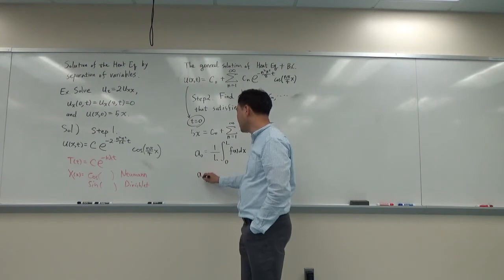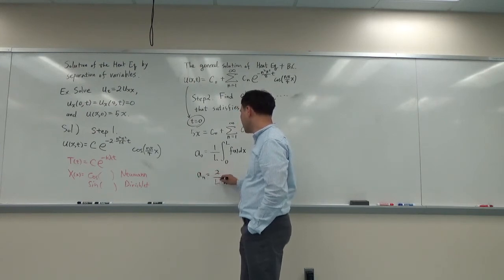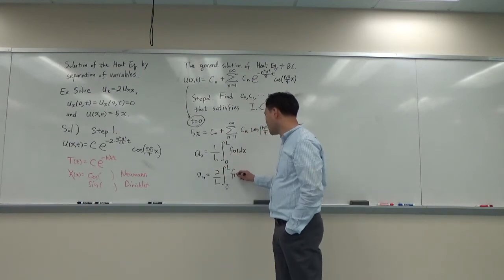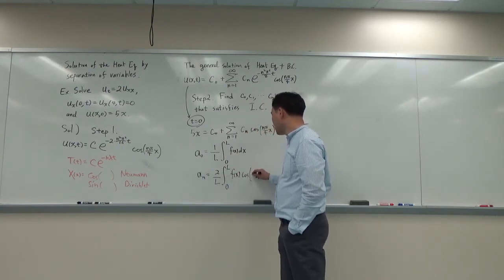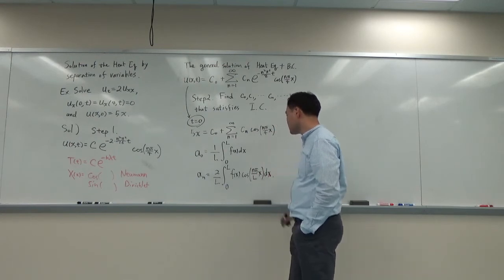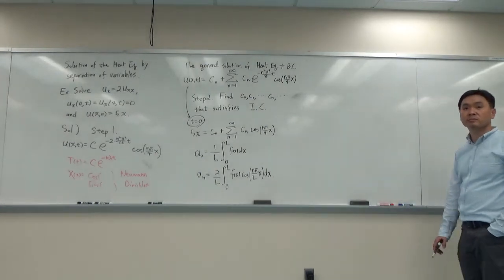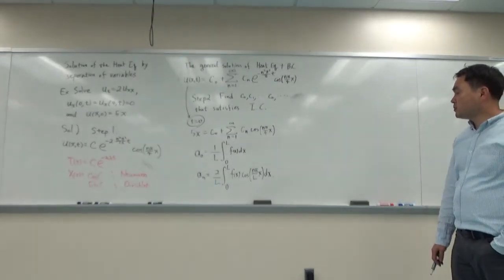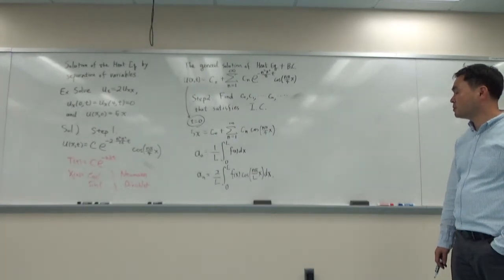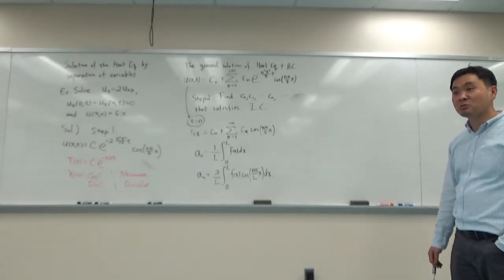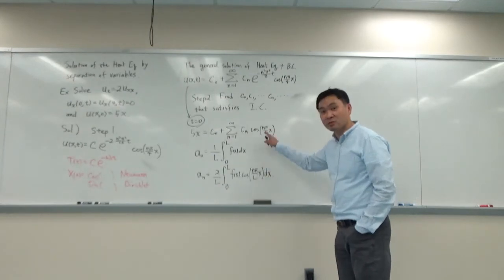And an is 2 over L integral from 0 to L of f of x times cosine n pi over L x dx. Okay. What's the value of L for us? L should be 4, right? This is 4 and 4, then it matches, right?